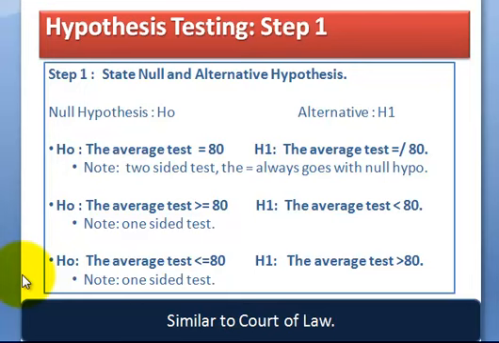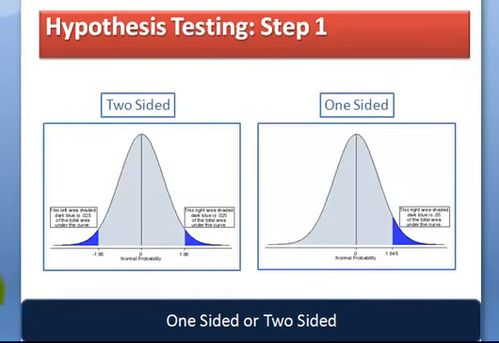So it's important when you set up the null hypothesis to understand whether you've got a two-sided test, i.e. high or low scores will cause me to reject the null hypothesis, or if I have a one-sided test, only high scores will cause me to reject, or only low scores will cause me to reject. And the reason it's important is because the region will change. The probabilities will change slightly.